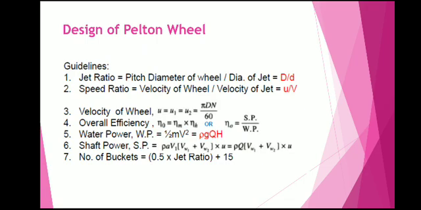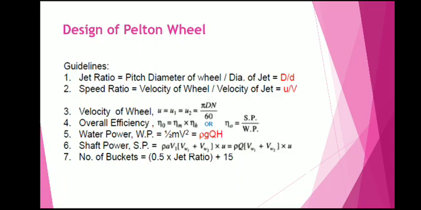The overall efficiency eta naught should be equal to eta m into eta h, or eta o should be equal to shaft power divided by WP, that means water power. So water power should be equal to half m v square, that means rho g Q H. And the sixth one is shaft power, rho a V1 into (Vw1 plus Vw2) into u.